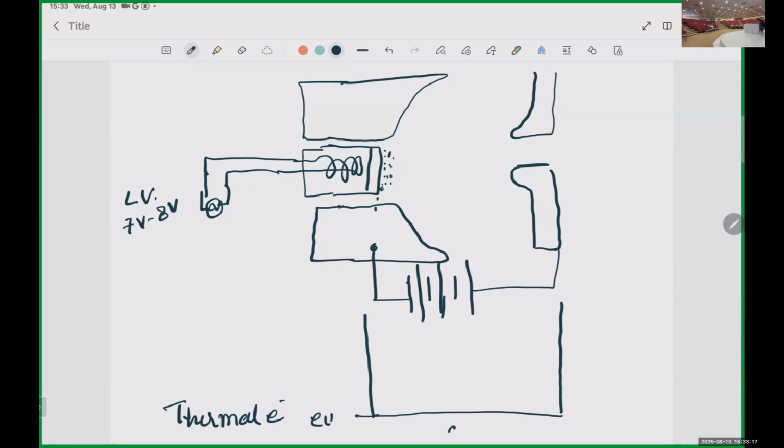If this is the distance d and this is the potential, you see that this is around minus 30 kV or something. So the few eVs is just like nearly zero potential.